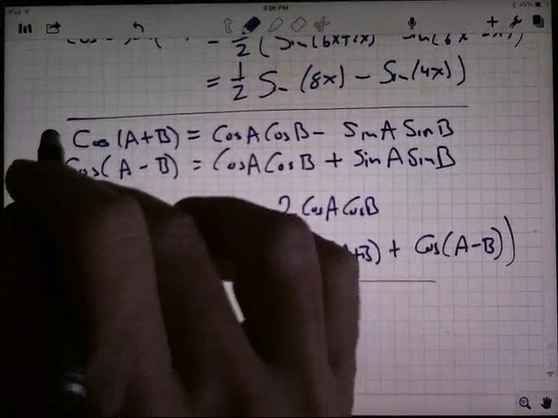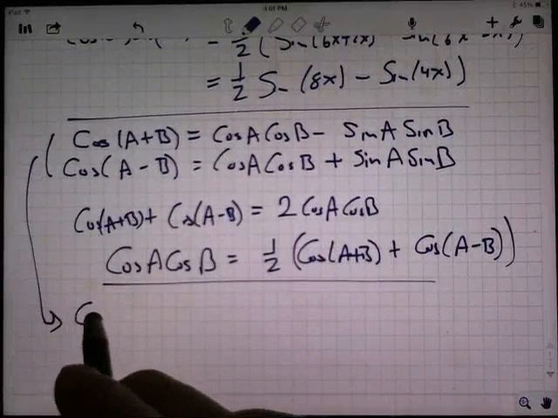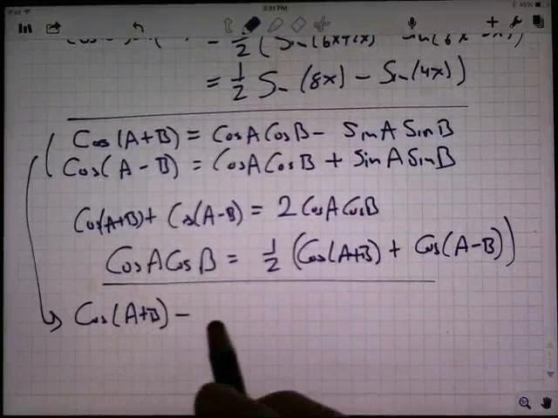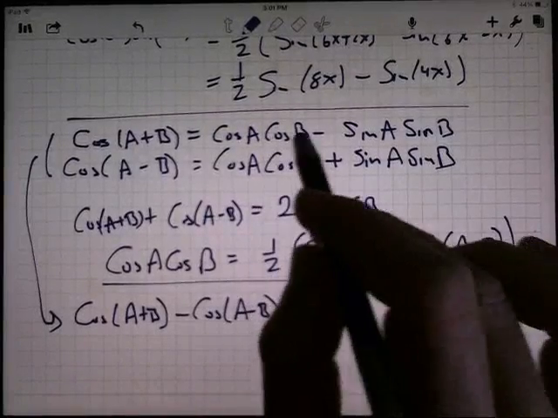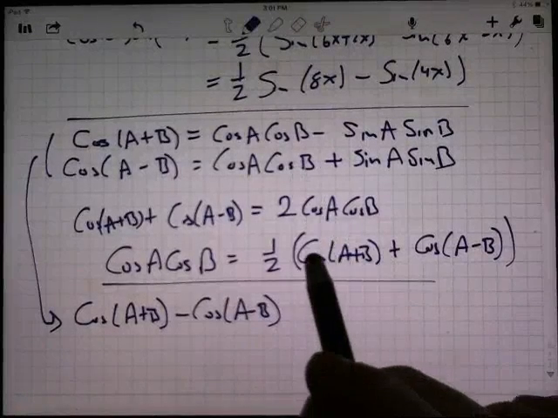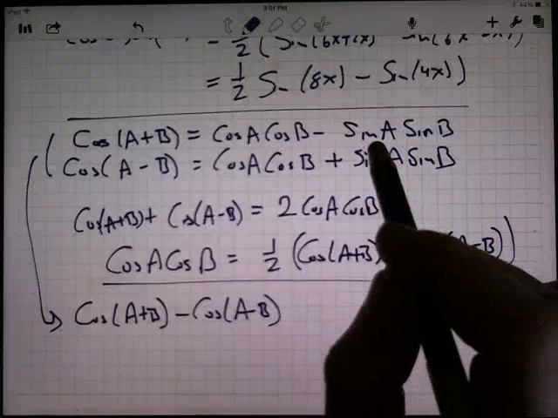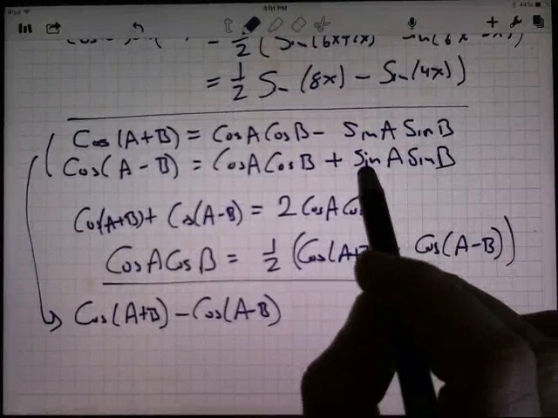Likewise, I'm going to start with these two again, and I'm going to subtract. So I've got the cosine of A plus B minus the cosine of A minus B. So this stuff on top minus that stuff on the bottom. Before, when we're adding, those two added up. Now when I'm subtracting, they go away. And this time, I've got the minus this, and I'm subtracting this.